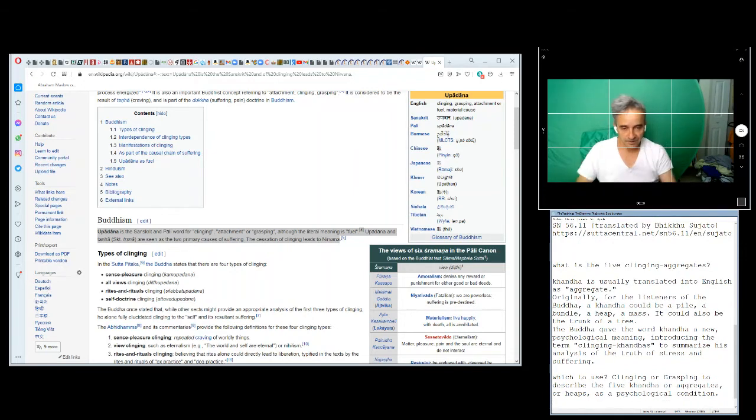So, because it says here, in brief, the five grasping aggregates are suffering. So the five clinging aggregates are suffering.